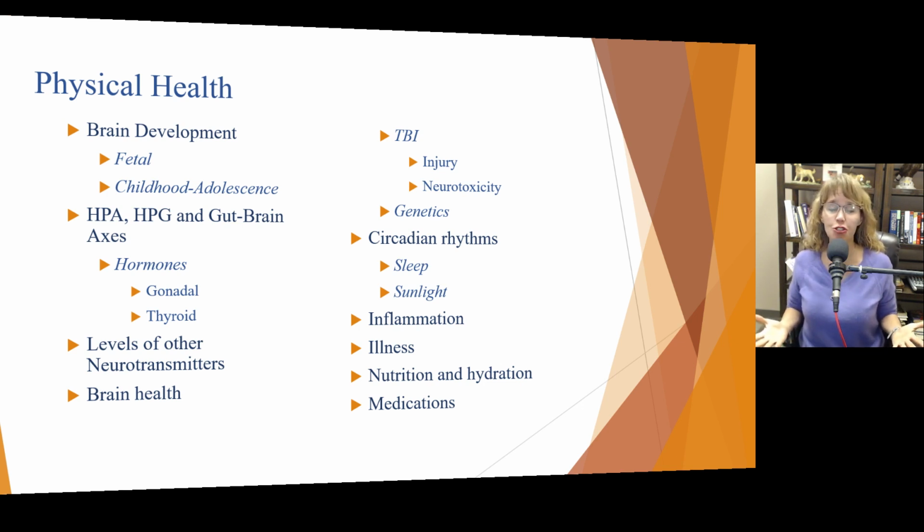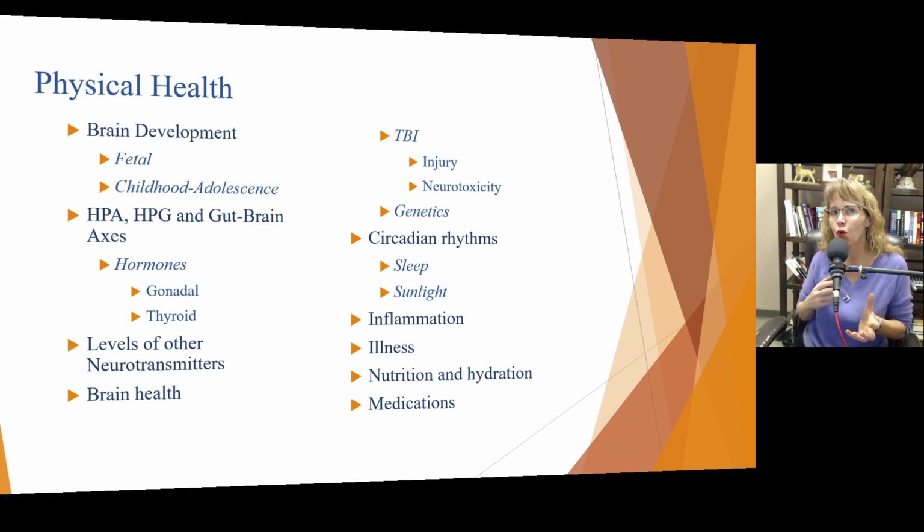If they are exposed to toxins when they're in the womb, if there are problems during fetal development, the brain can be impacted, which contributes to difficulty concentrating, attention deficit, hyperactivity, hyper-responsiveness to stress, and a variety of other things. During childhood and adolescence, the brain is still developing all the way up until age 24. And that means the brain is more malleable at that point.